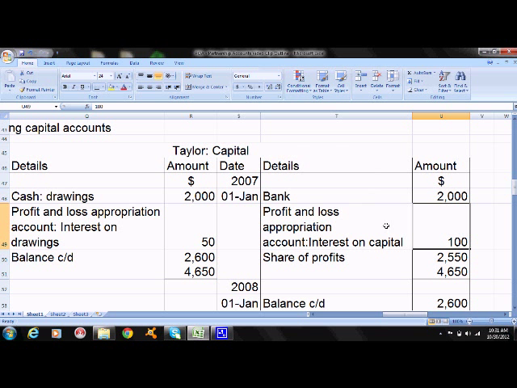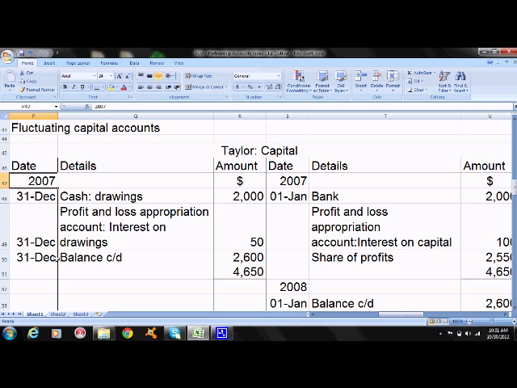So look at this now. When we add up everything, we get 4,650, and when we add up these two, we get 2,050. When we subtract the 2,050 from this, the smaller from the bigger, we get 2,600, which is called balance carried down. Note that in this case, we use the last date for the last, and we use the first for this one, because this is when money was first injected into the business by Taylor.